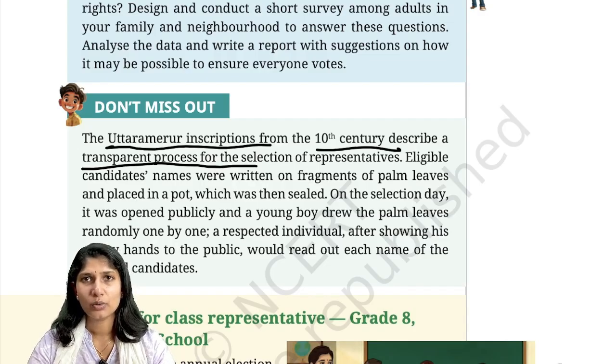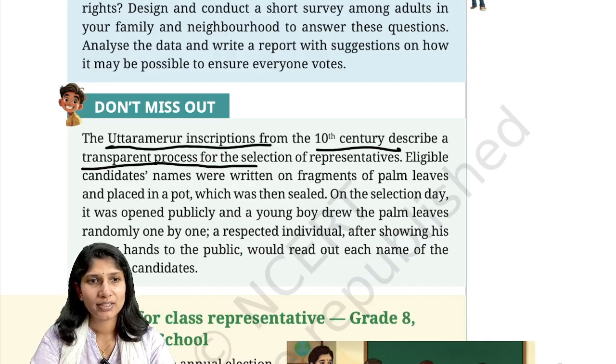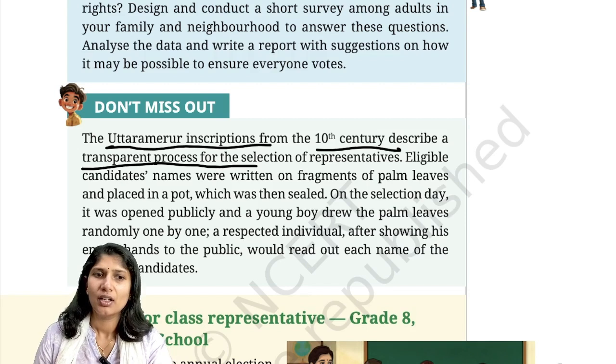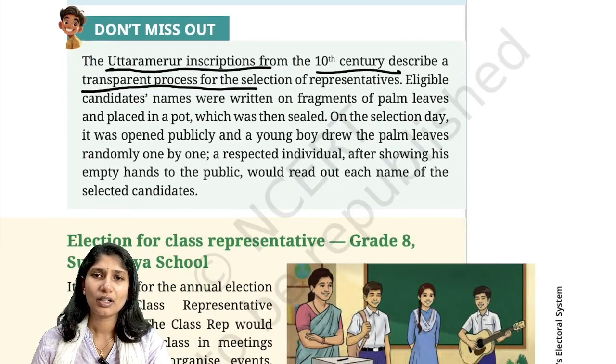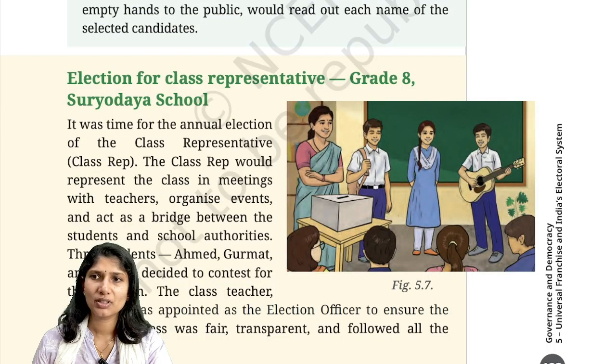Then on the day of counting, they will bring that pot, and the one who will be declaring will pick each of these palm leaves and read the names of the candidates. Based on that, they would pick the names of the selected candidates. So this shows that the concept of transparent elections has been there since very long.